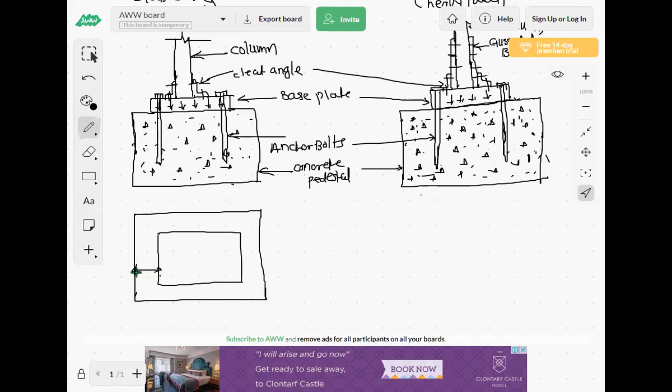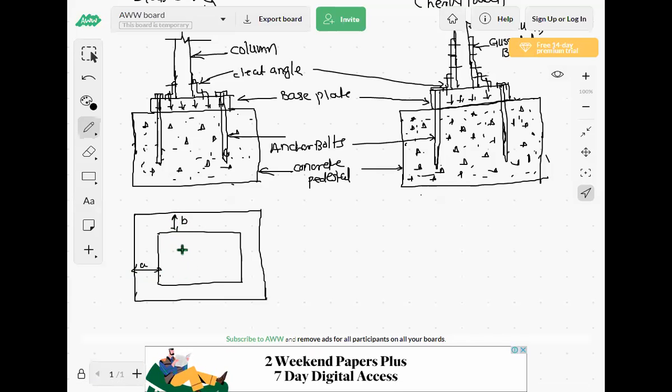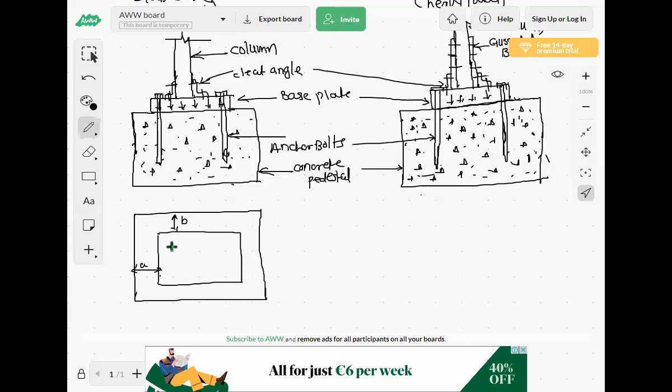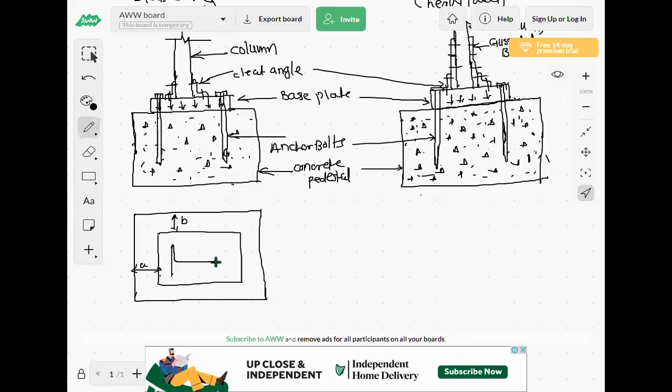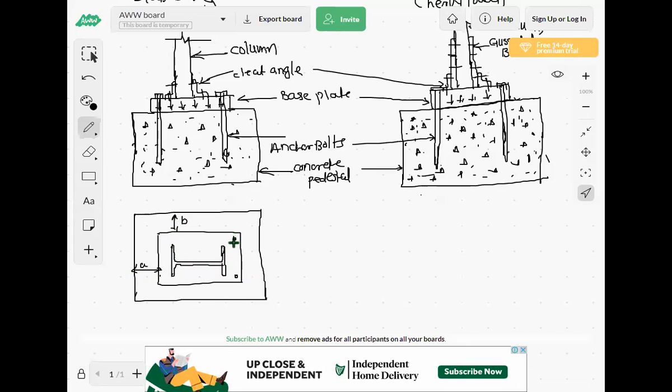This distance we are calling A, this distance we are calling small b. And here we are providing this column. At each corner there are anchor bolts. This is the plan, this is your elevation.